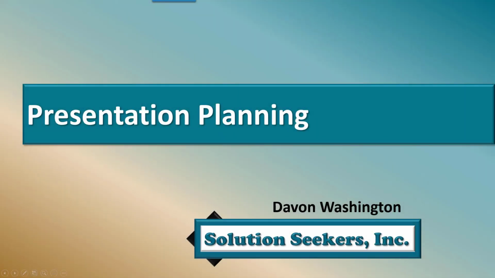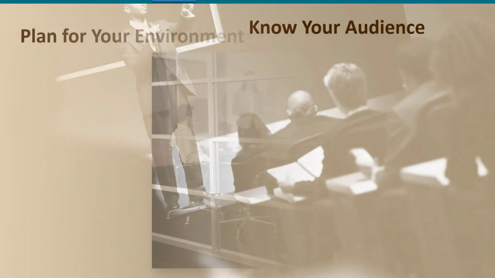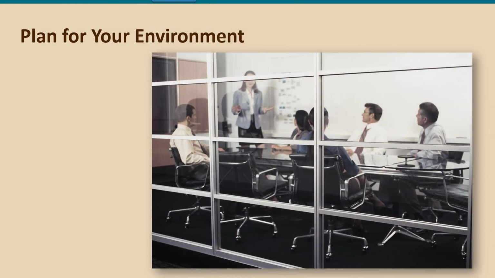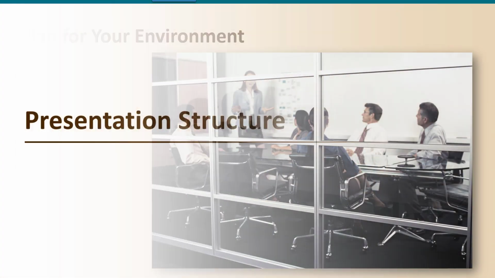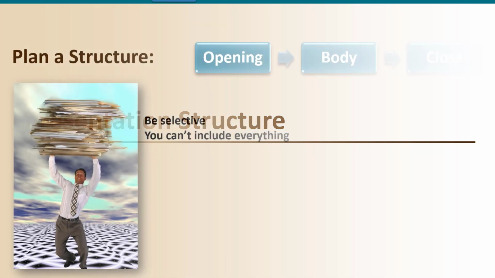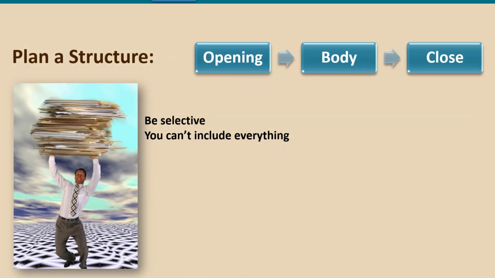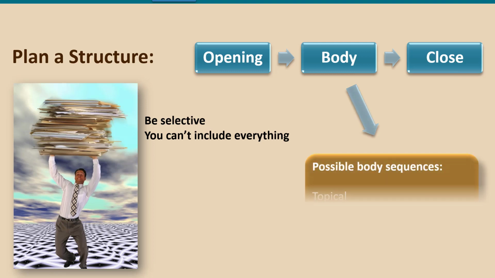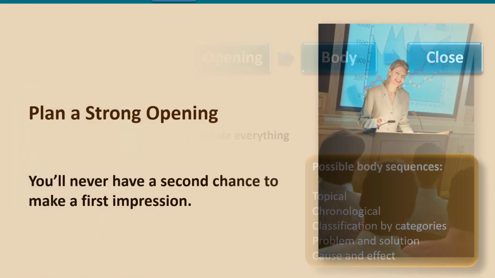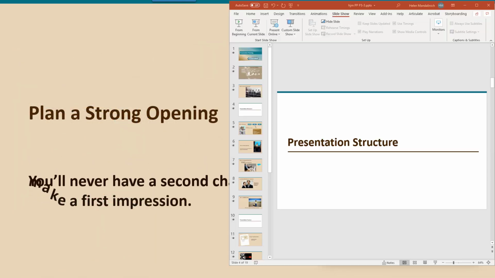So I'm going to do from beginning, and what you cannot see is, on my second screen I have the presenter view. So I have the current slide, the next slide, and then the notes that are there. Okay, and so that would be able for me to use my notes to give the presentation.